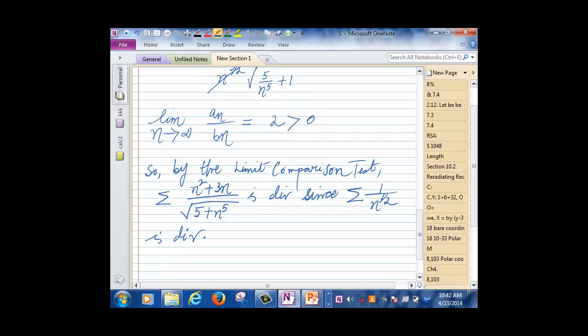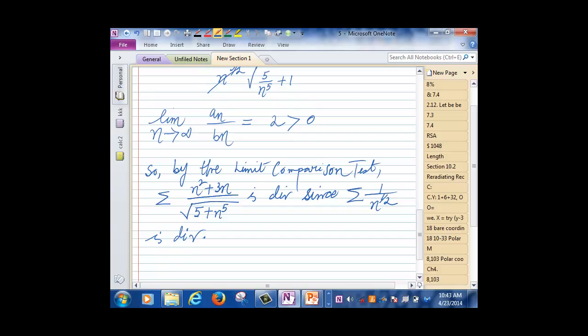So once again, I was given a series and I wanted to check whether it is convergent or divergent. What did I do? I first made a guess by simplifying the series. I made a guess that the series is divergent, and then I said, if I want to use the limit comparison test, then I have to come up with a divergent series, and then I have to take the ratio of the corresponding terms of the given series and the divergent series that I'm picking, and show that the limit is positive.